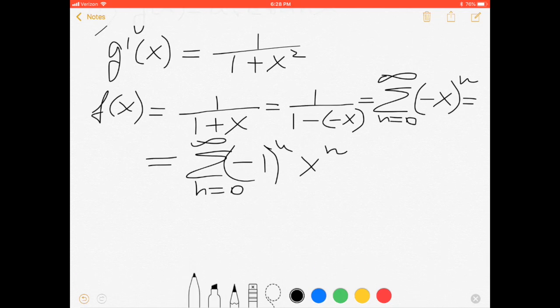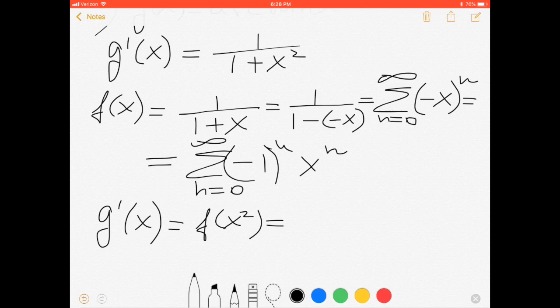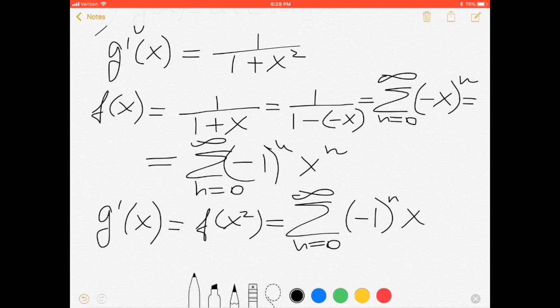How can we use this for g prime of x? It will be the same as f of x squared, using a property of series. We have negative 1 to the power n, x to the power 2n.